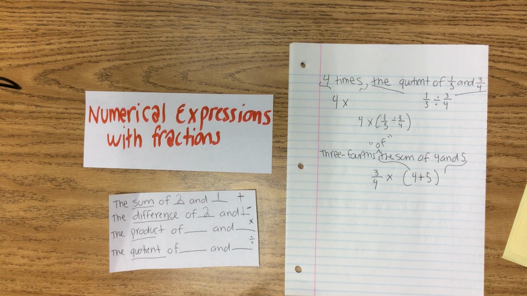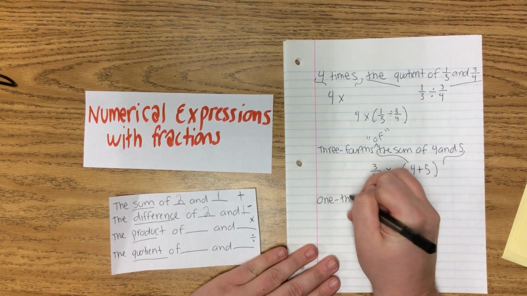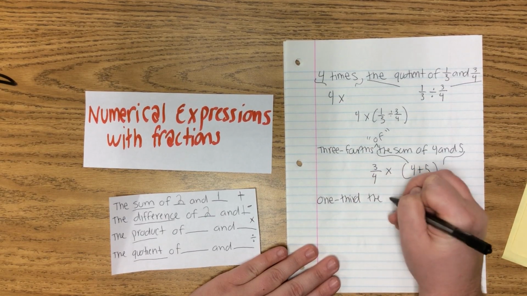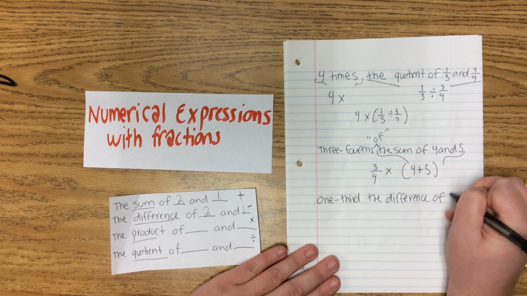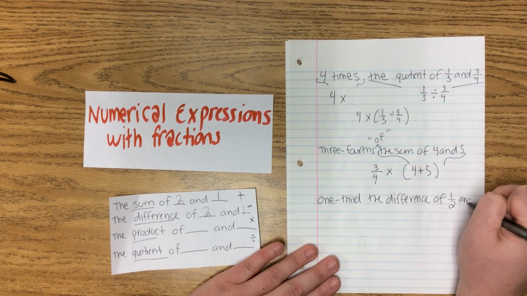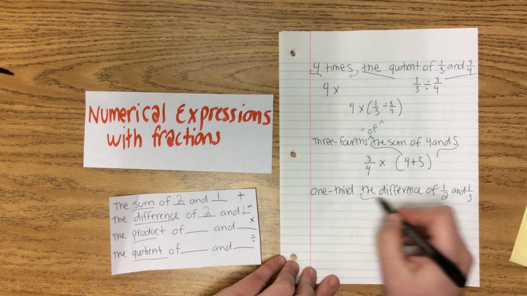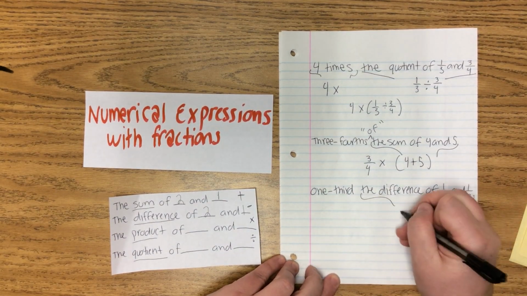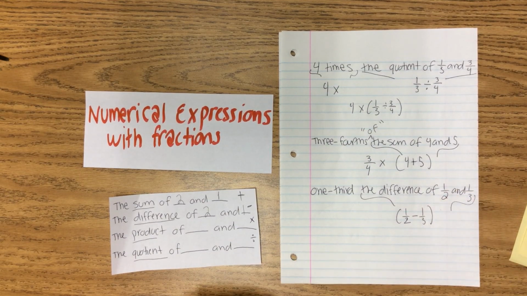You're going to get that same thing over and over again in problems that look like 1/3 the difference of 1/2 and 1/3. Well, the difference of 1/2 and 1/3 I know is going to be 1/2 minus 1/3.